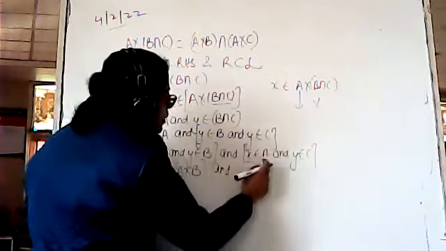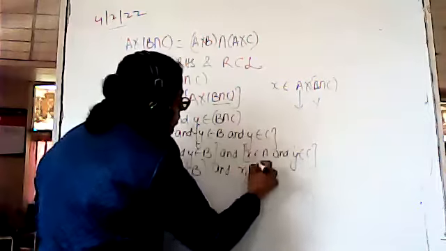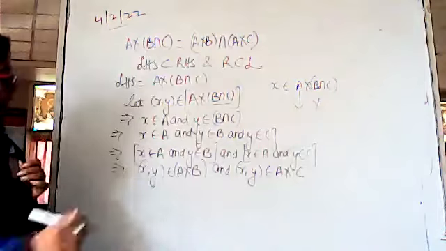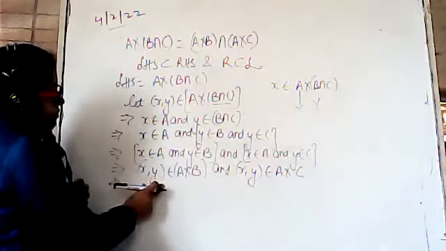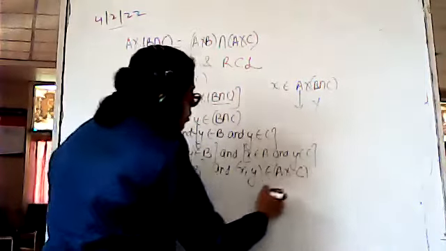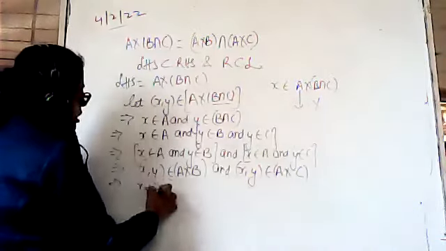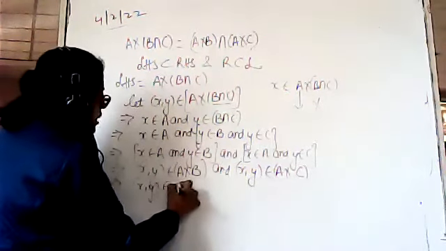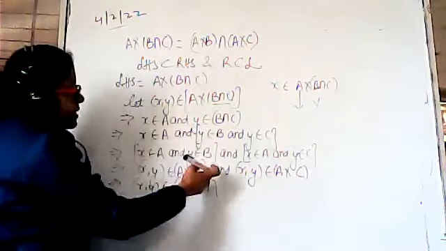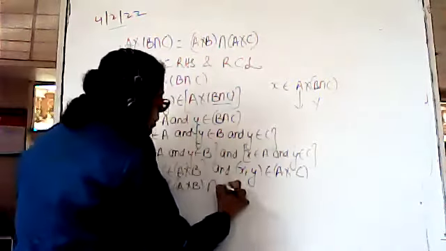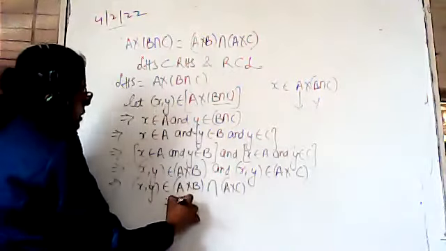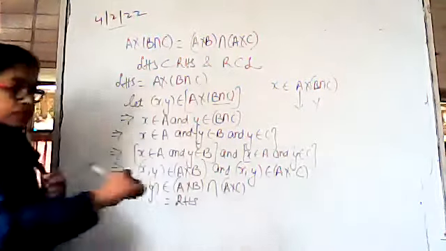Similarly, X belongs to A and Y belongs to C means the ordered pair (X, Y) belongs to A cross C. Now the ordered pair (X, Y) is in A cross B as well as in A cross C. So by the definition of and, we can say that the ordered pair (X, Y) belongs to A cross B. In place of and, we use intersection. It will be A cross C. So this is the right-hand side we had.